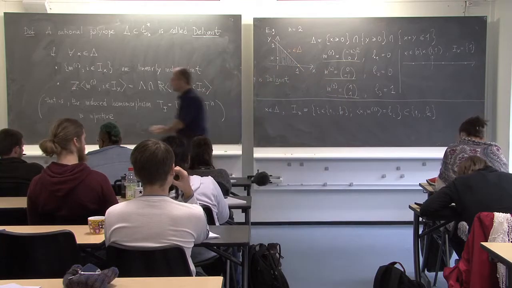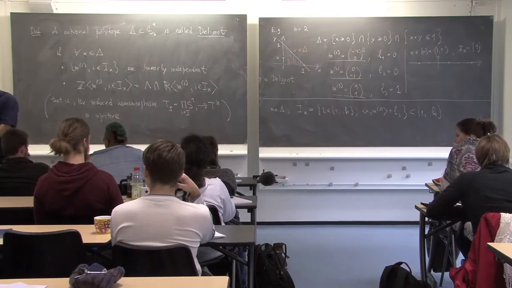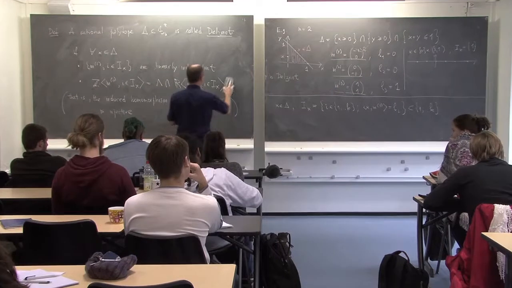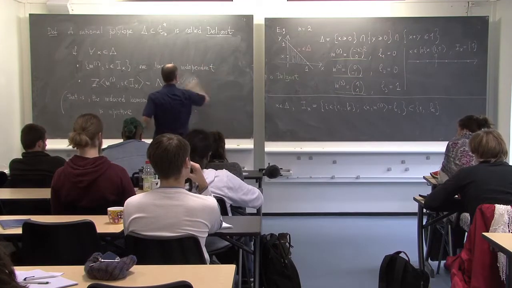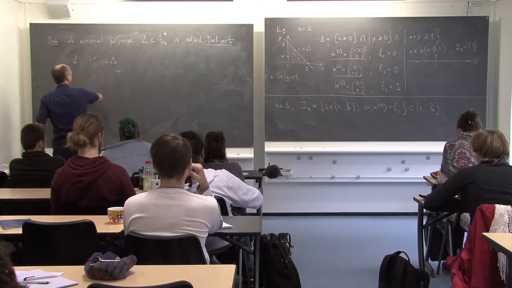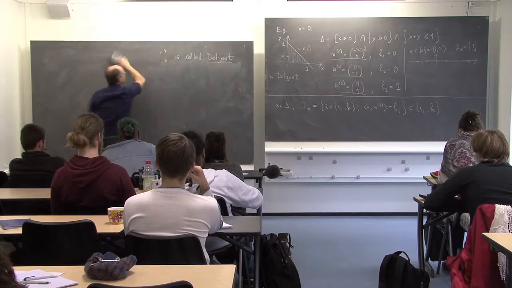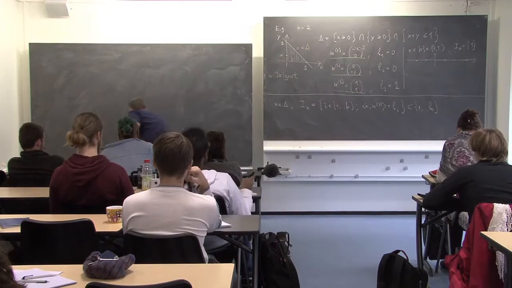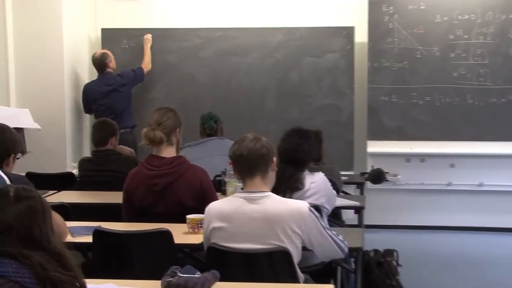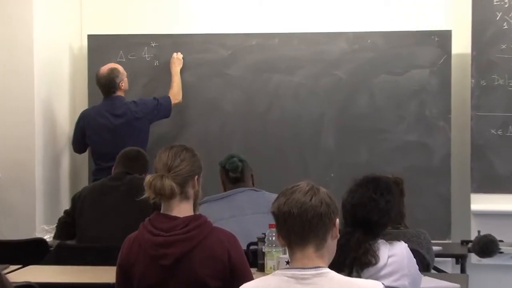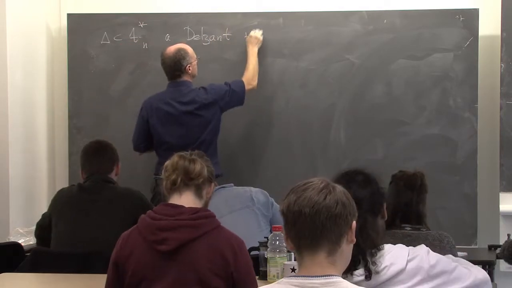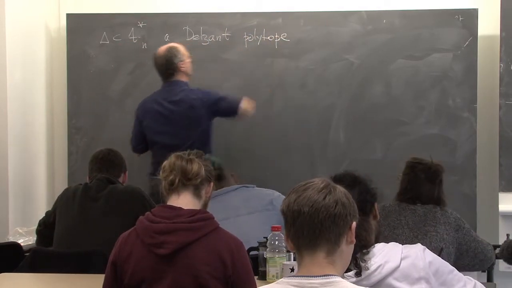All right, so to finish this hour, let me now finally formulate the construction. So now we're building lots of examples. So suppose delta in Tn star is a Delzant polytope.